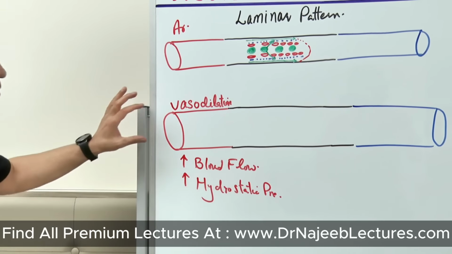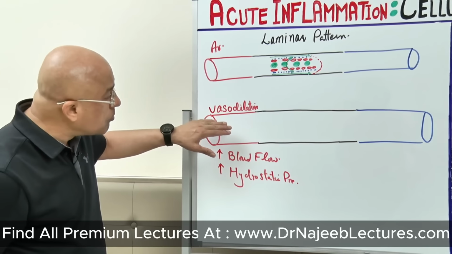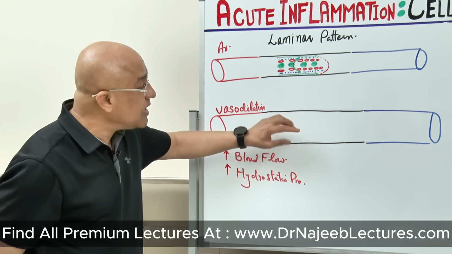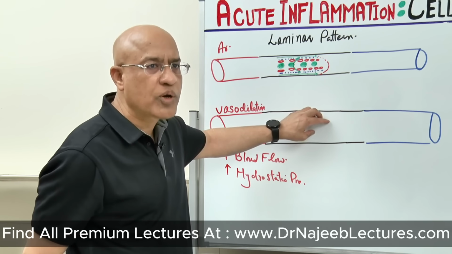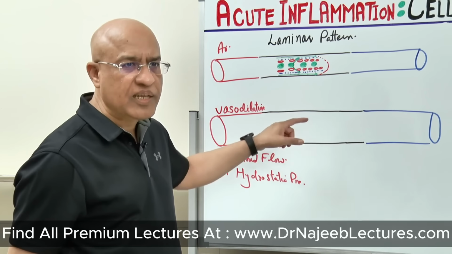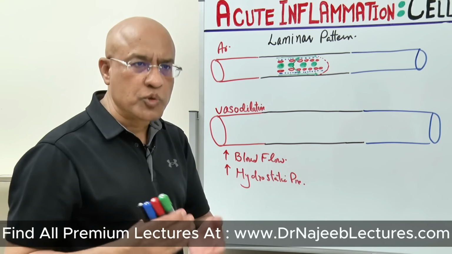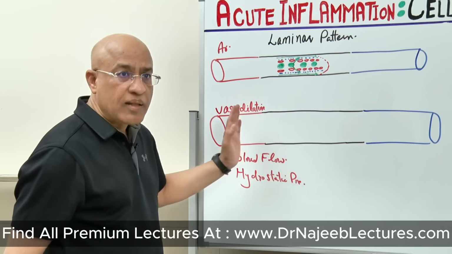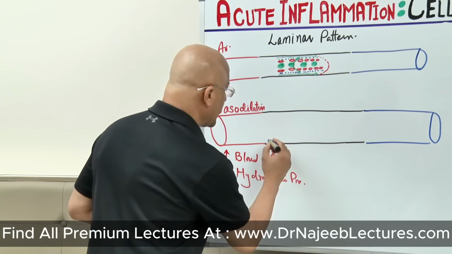In inflamed tissue, when arterioles dilate and more blood is coming due to arteriolodilation or vasodilation, then in the microcirculation, and whenever I use the word microcirculation here I specifically mean the post-capillary venules, when more blood is coming, pressure will increase. What pressure will increase? Hydrostatic pressure will increase.